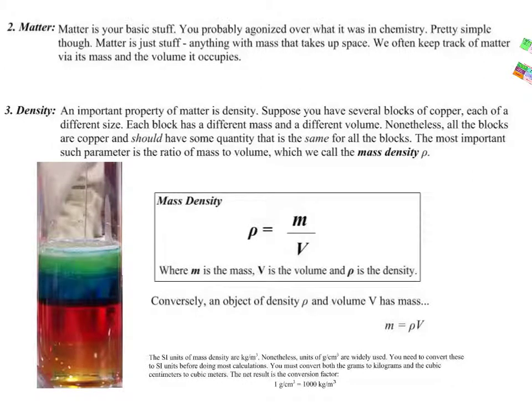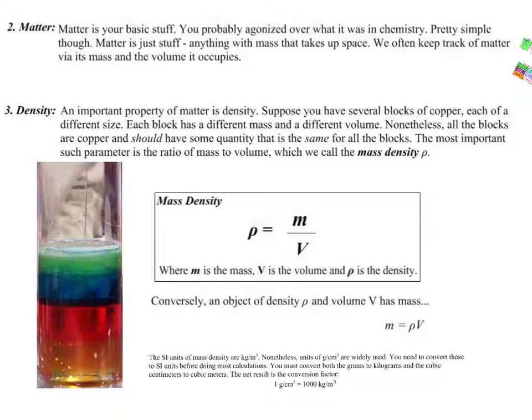Now, mass density is independent of an object's size. That means mass and volume are parameters that characterize a specific piece of some substance, like copper or whatever, whereas the mass density characterizes that substance itself. So all pieces of copper have the same mass density, which is different than the mass density of almost any other substance.